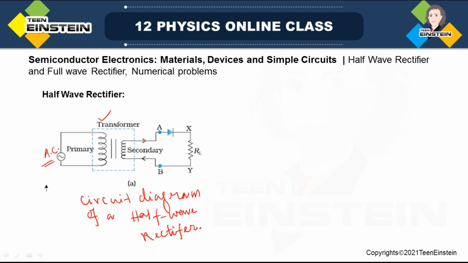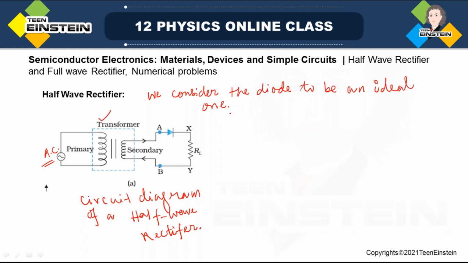Now look what happens. Now we'll see what the working principle is. Before we discuss the working principle, we consider the diode to be an ideal one.